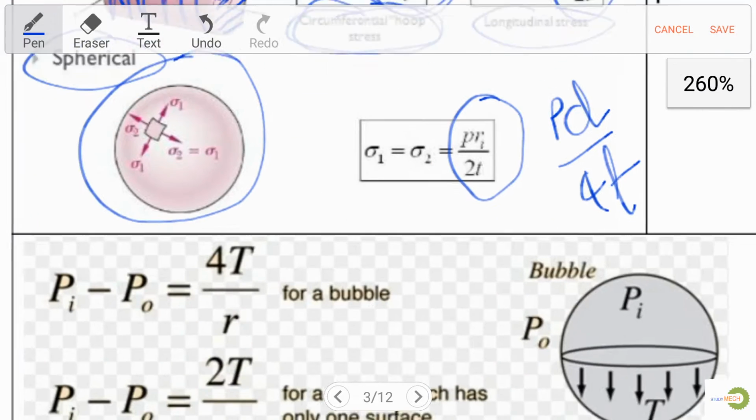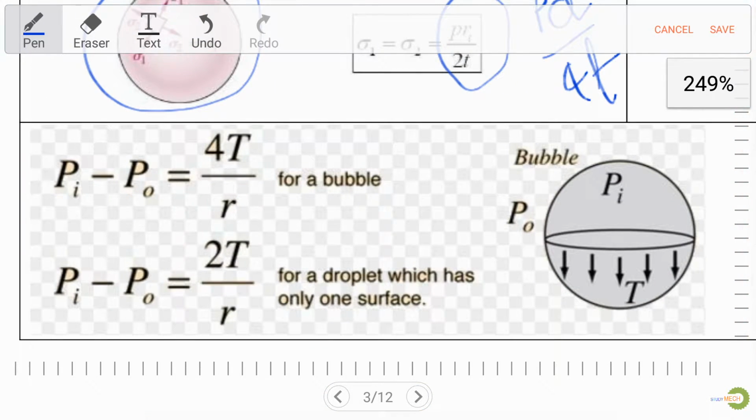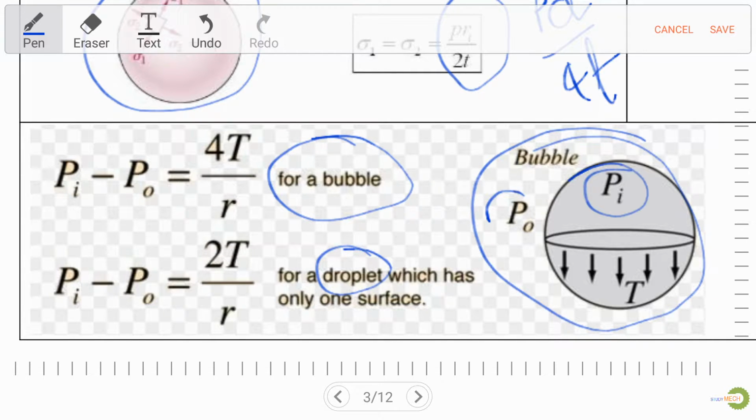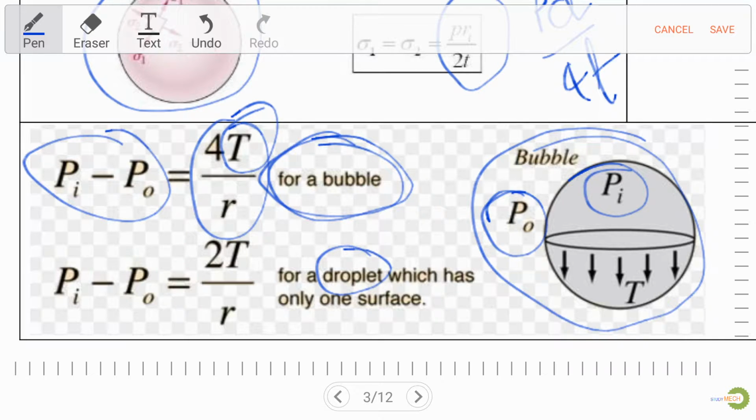Now let's move to the case of water bubble and droplet. As we can see in this figure, we have inside pressure and outside pressure. So the difference of pressure, for the case of bubble, is 4T by R, where T is the surface tension and R is the radius of bubble.